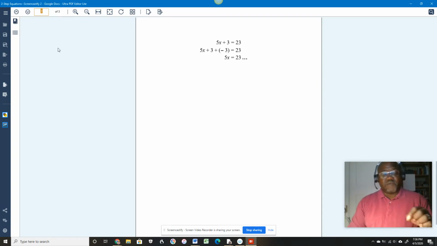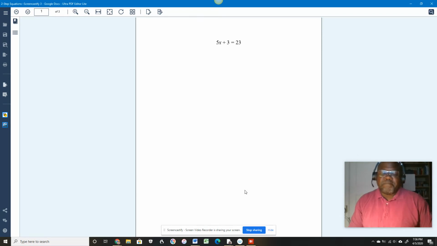Let's go back a little to our original equation. Okay. 5x plus 3 equals 23. We made a mistake when we eliminated the 3. To get rid of the 3, we have to add the additive inverse.